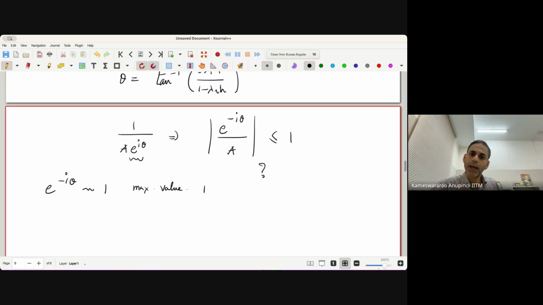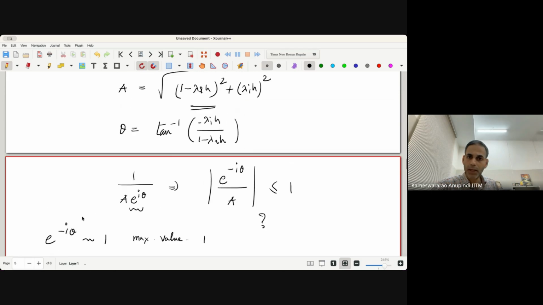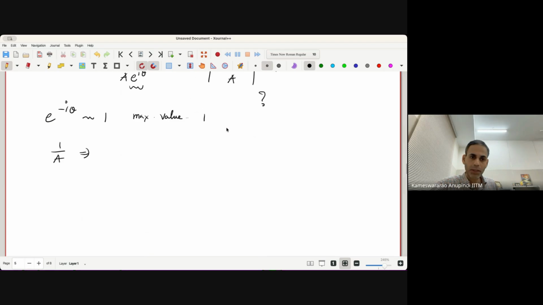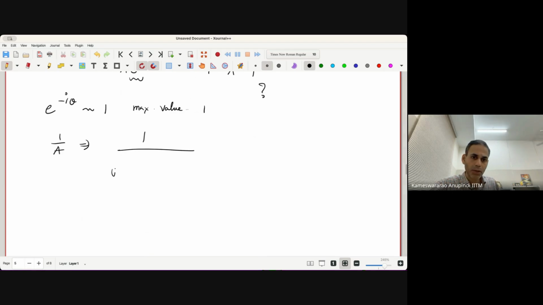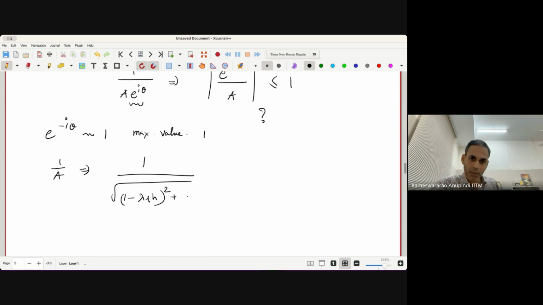And what about A? A is in the denominator. So what about 1 by A? 1 by A is nothing but 1 by the square root of 1 minus lambda R h whole square plus lambda I h whole square.